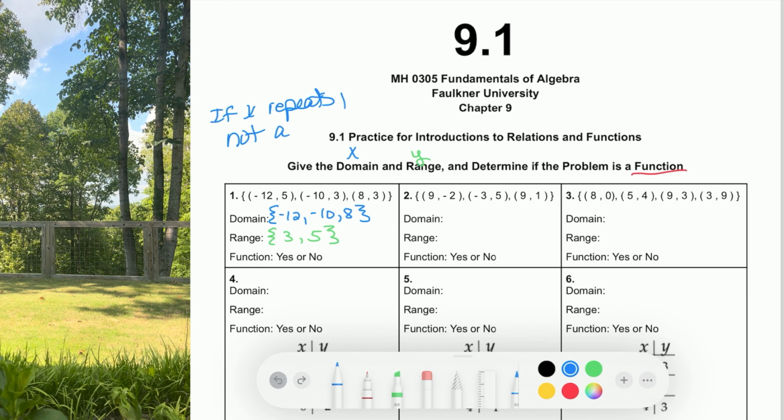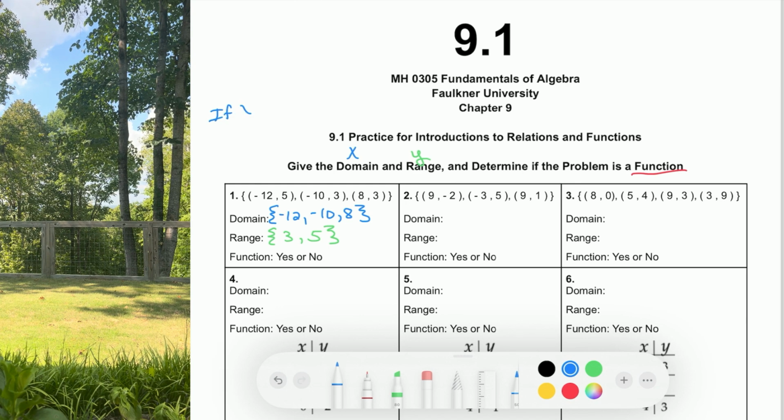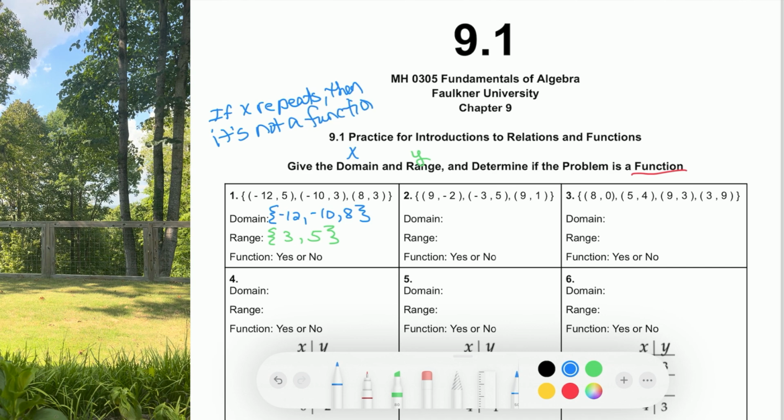If x repeats, then it's not a function. That's what we learned in our notes. All right, so do any of our x values repeat? No. So this is in fact a function.